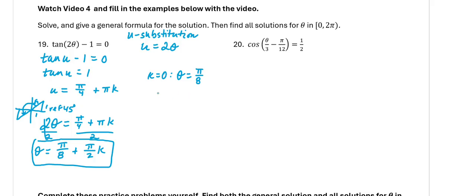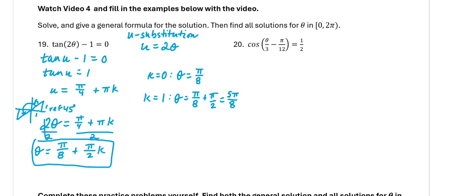So that's one of our answers. If k is equal to 1, then theta would be equal to pi over 8 plus pi over 2, and that's times 1, so that's just pi over 2. So pi over 8 plus pi over 2, let's see, that would be 4 pi over 8, so it would be a total of 5 pi over 8.